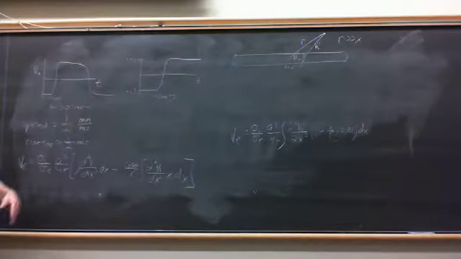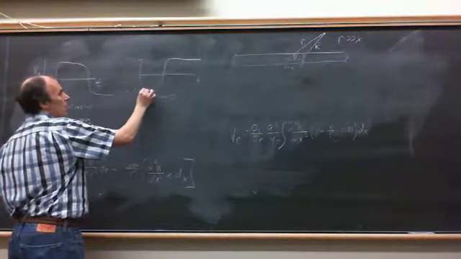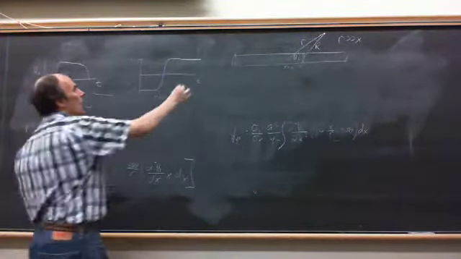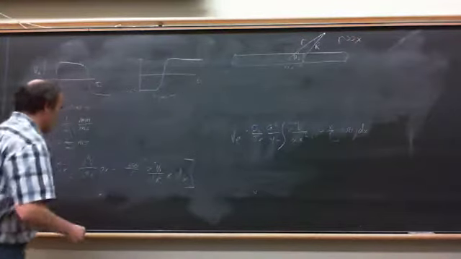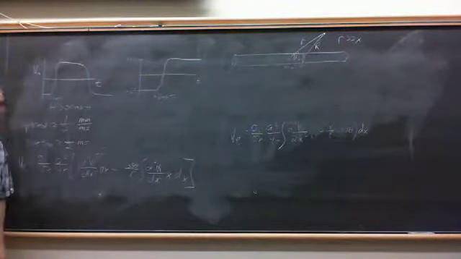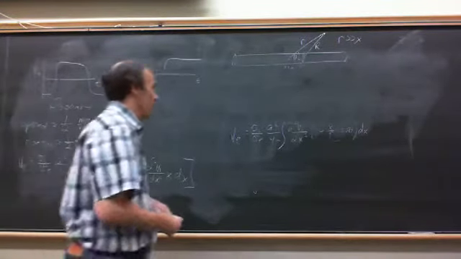And out here at the endpoints, a long ways away in this direction, the first derivative is flat because that doesn't depend on x. And out here it's flat. So this term, which goes as the first derivative at the endpoints, is going to go to 0. This term we have to worry about.